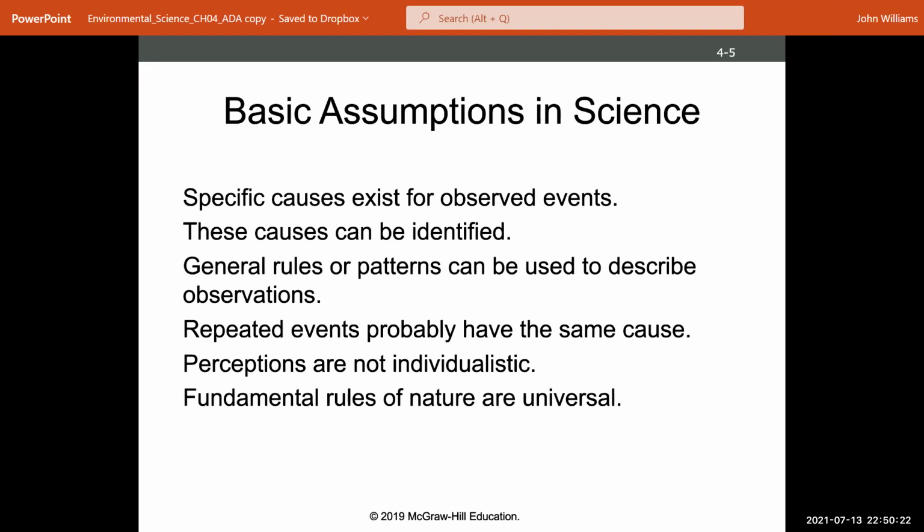And the basic outline for the scientific method is you have these specific events that you've observed. And by observing these events, you can get at some of the causes that may be identified.